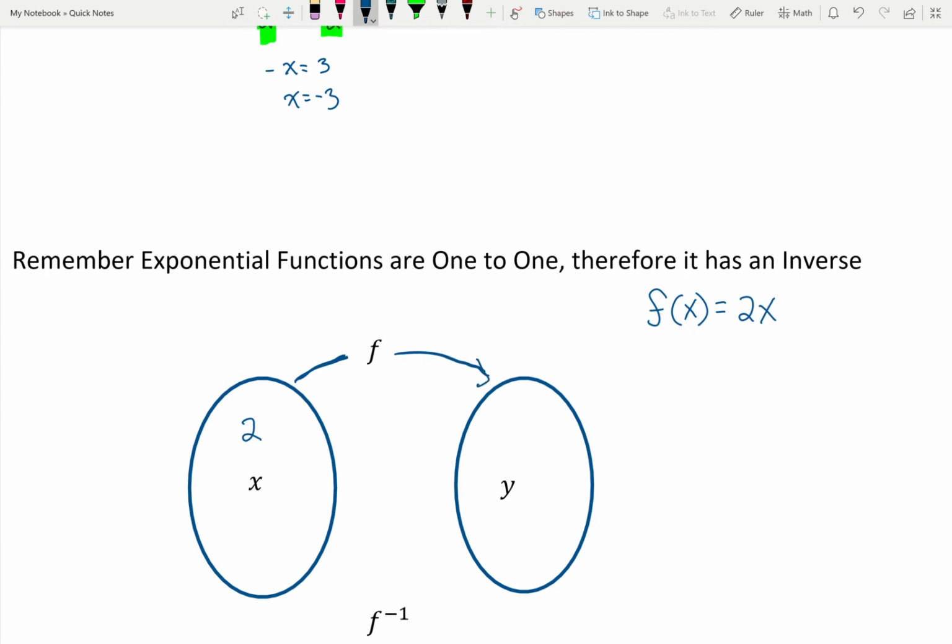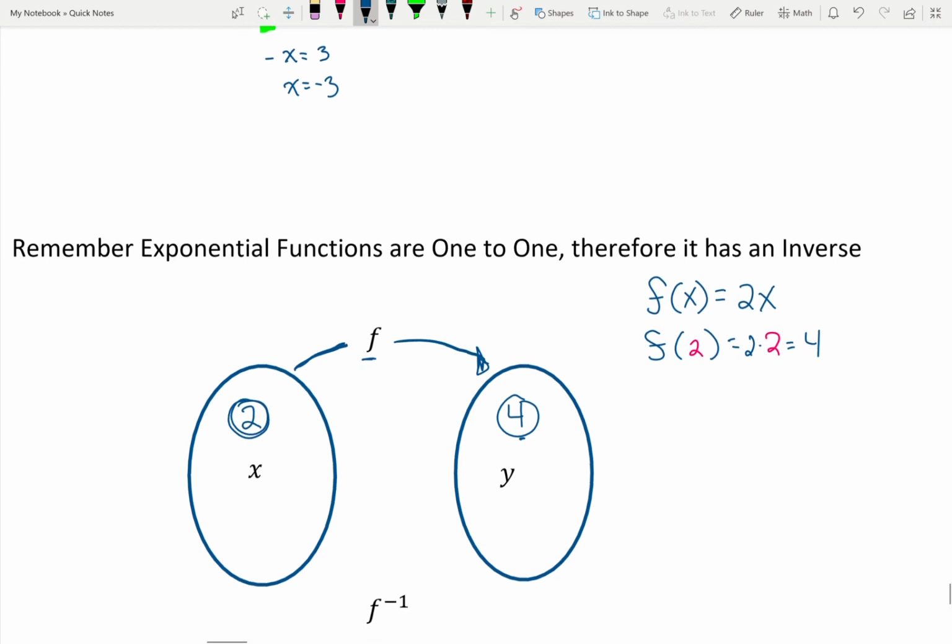So that means if I take this number from my domain and I put it into my function, the y value that will come out is 4, right? So 2 put into my function turns into 4. It's been transformed, if you want to think about it, into 4.